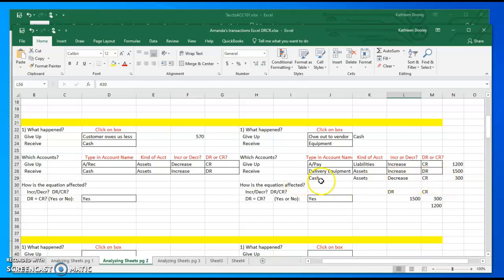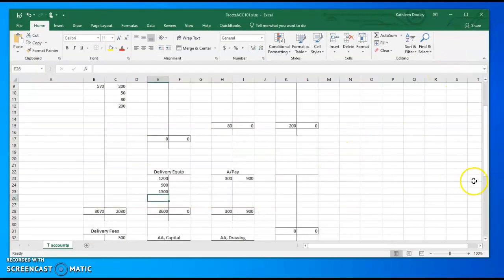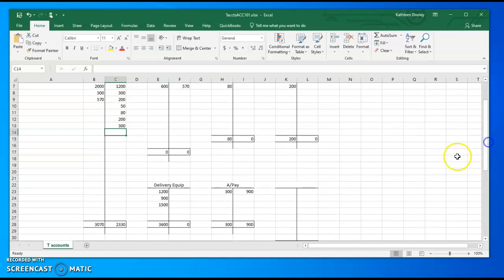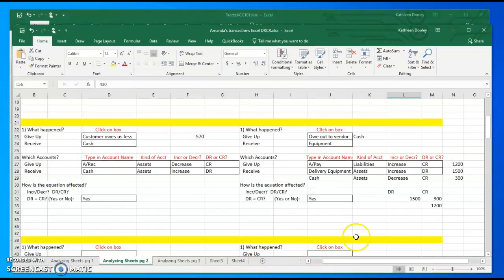I got a credit to cash of $300, and I got a credit to accounts payable of $1,200. Okay, good.